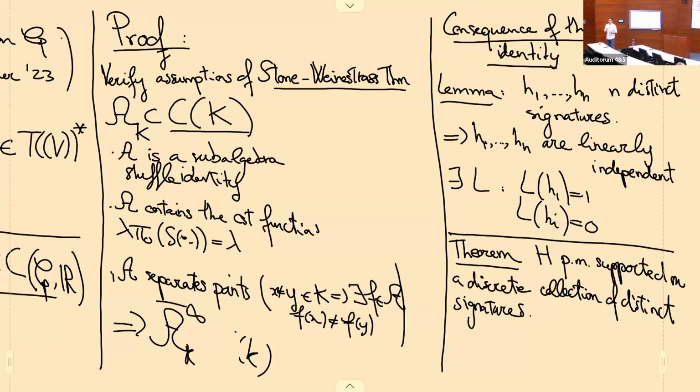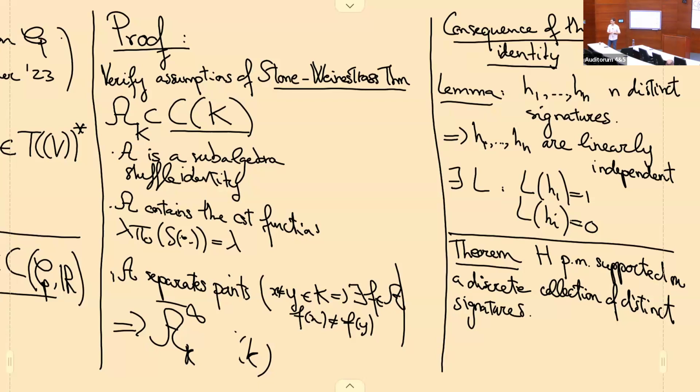So if you sum two signatures, you want to get a signature. Yes, that's not necessarily related to this lemma. Well, actually, you can prove that a generic tensor in the tensor algebra, which is a bigger space, can always be written as a linear combination of signatures.